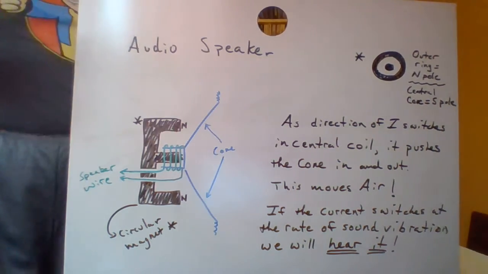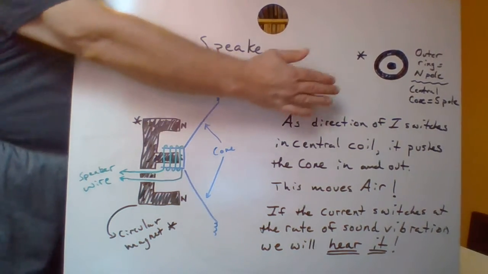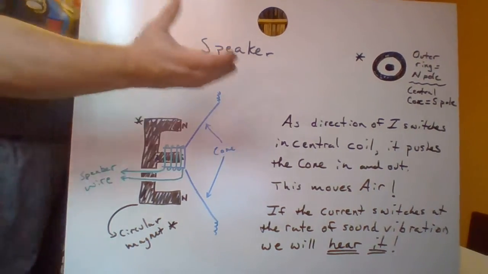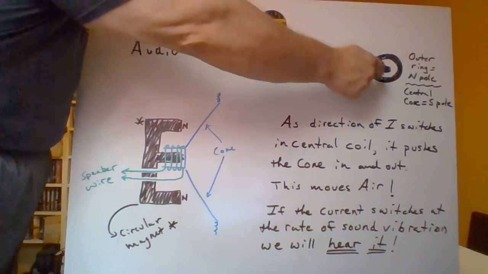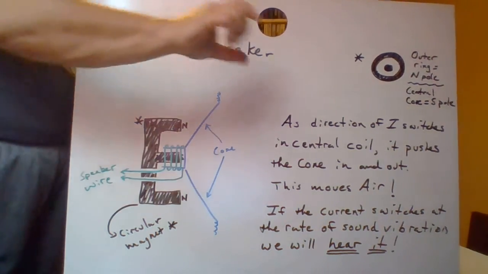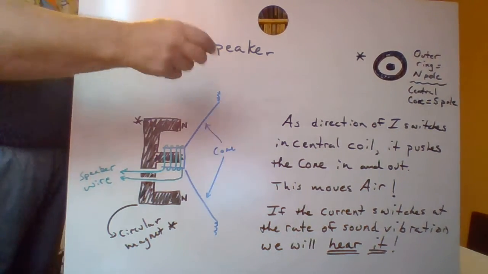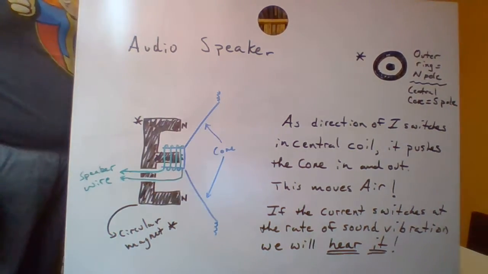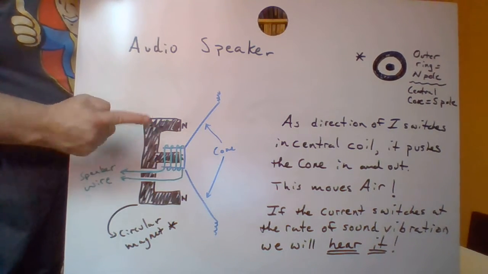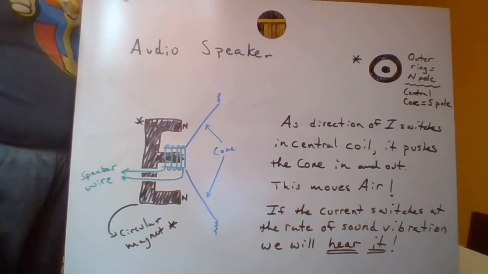If you were to pull everything apart, the back part of it would look like a metal cup, where the outer ring would be one pole and the central knob in it would be the other pole of the magnet. Think of it as a bunch of U's all the way around in a circle. This is circular here, except we've cut it in half to give us the cross section.